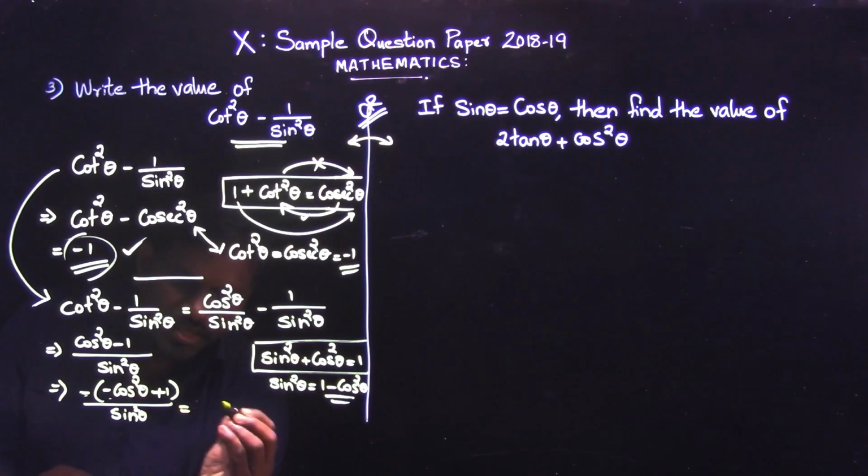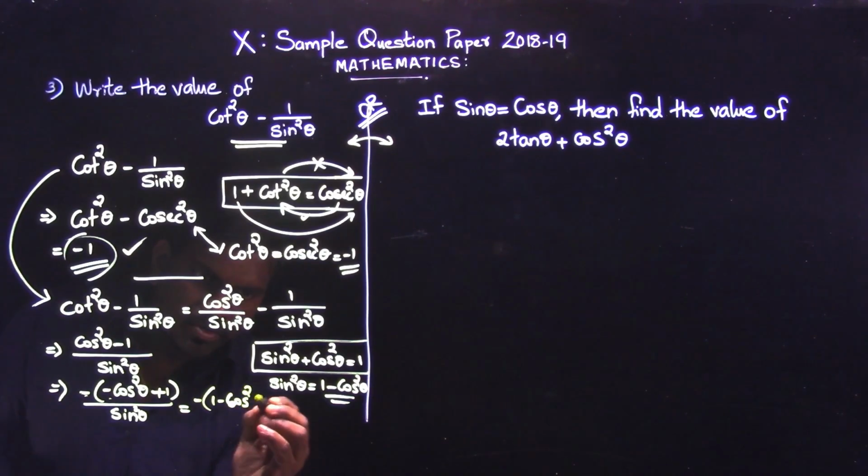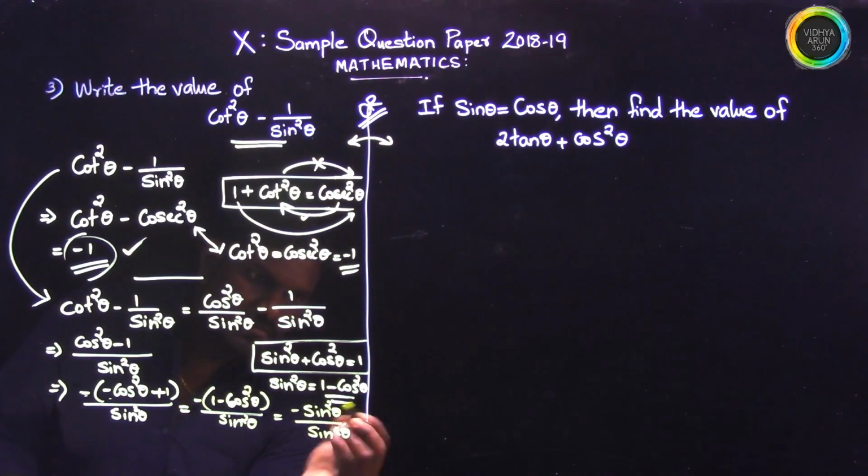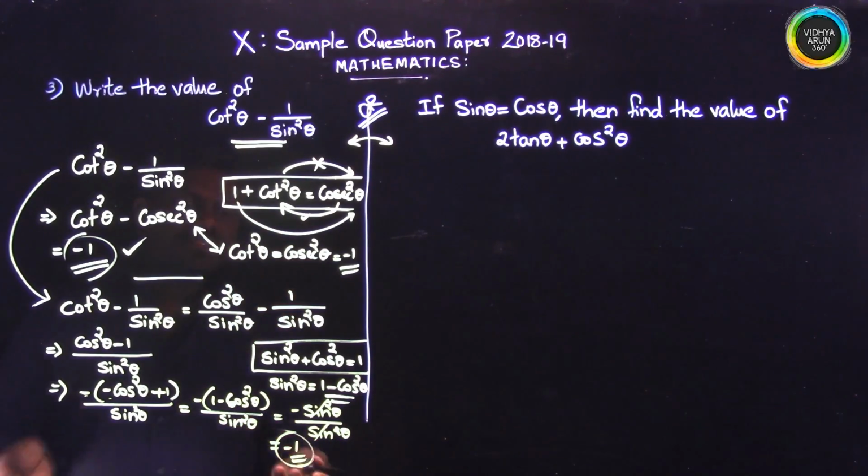Taking minus outside, what you get is minus 1 minus cos square theta by sine square theta. And as you know, 1 minus cos square theta is nothing but sine square theta, and you cancel it. What you get at the end is minus 1, still the same.